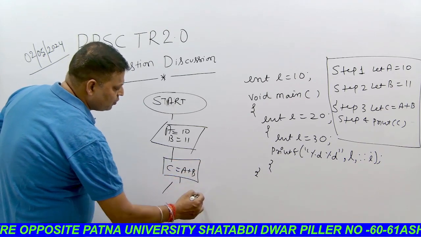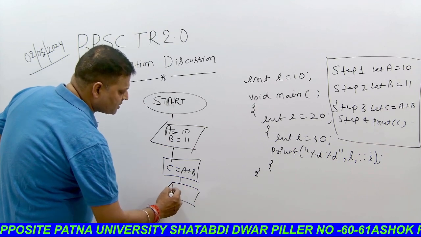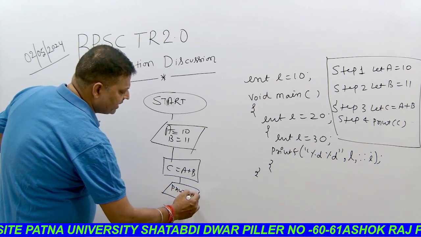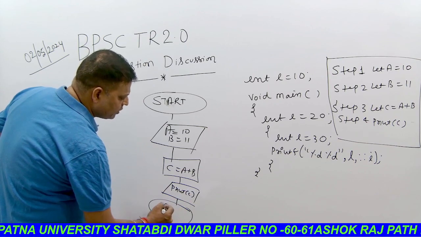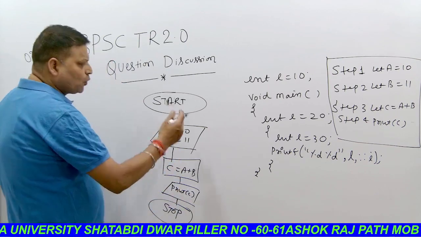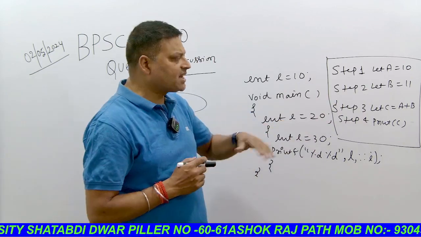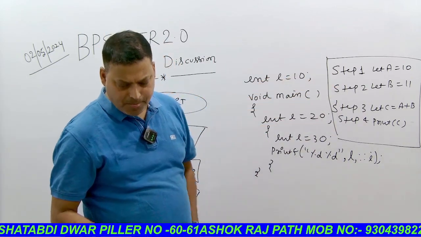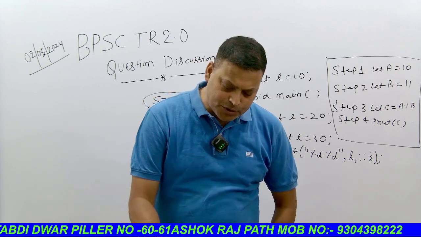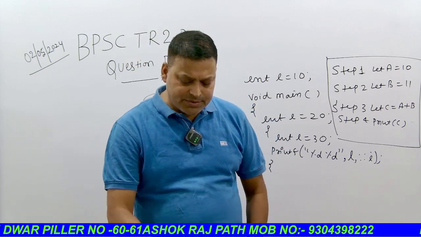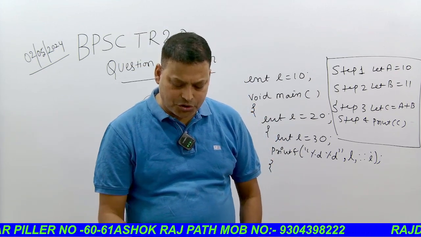Then we take the input output box, print c, and then we stop. So this is the flow chart and this is the algorithm. Algorithms are very near to the programs. Got it? So the correct option should be algorithms written in a computer language.